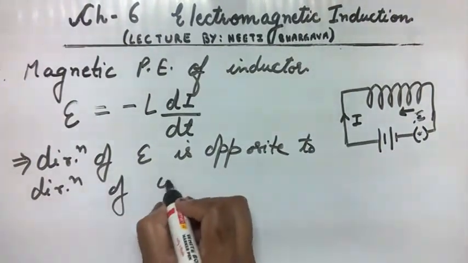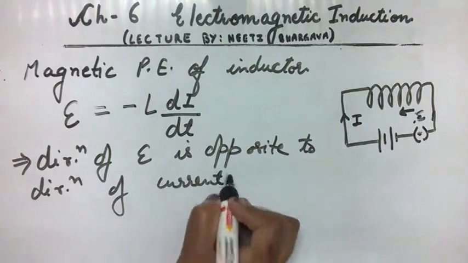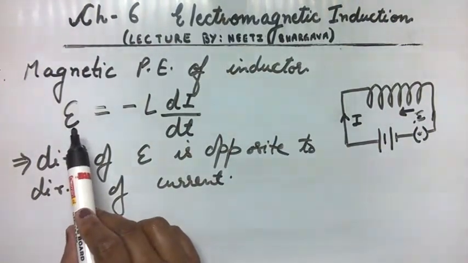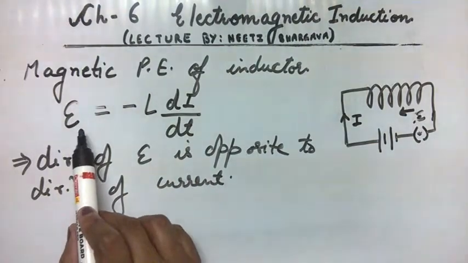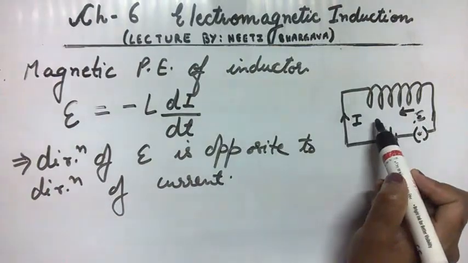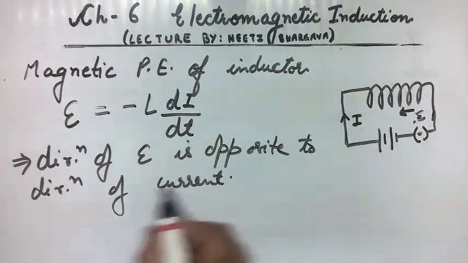Thus we can also say that this induced EMF behaves like an electrical inertia because it opposes the increase or decay of current, that is, change in current.